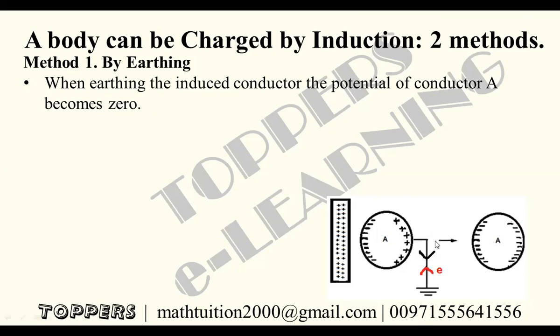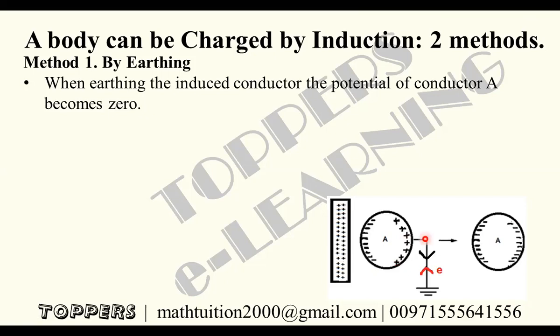See here, we have a charged body, which is positively charged. We have a sphere here. When you bring this positively charged body near this one, by induction this area will become negatively charged. So automatically the opposite area will become positively charged.